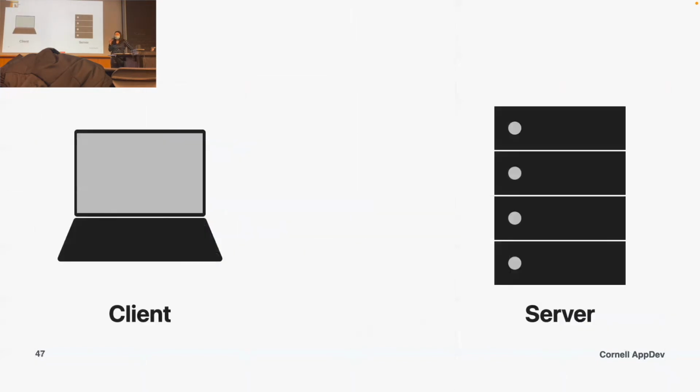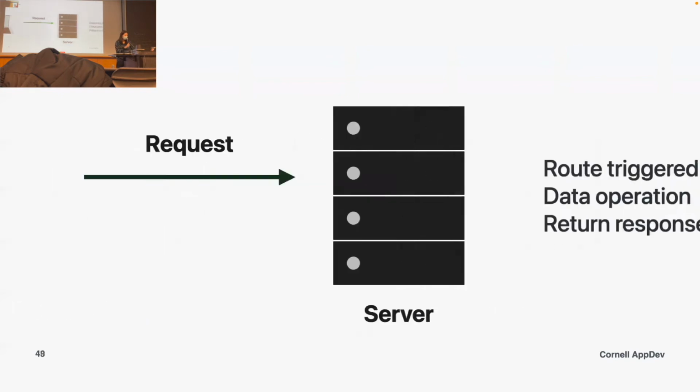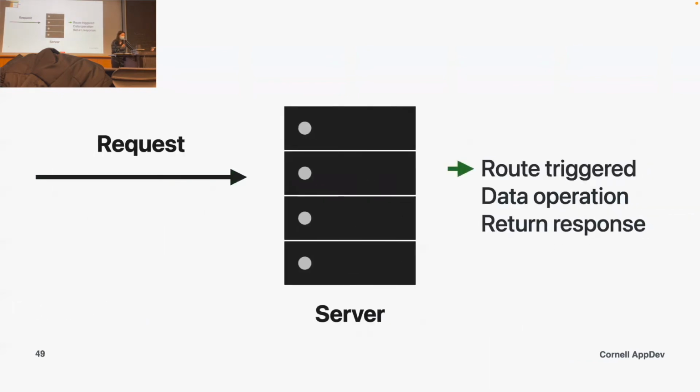This is a nice graphic putting this all together. In the first lecture, we talked about the client-server model, where you send a request and then you get a response back. Your client sends a request to the server, and then a route is triggered, and then you do a data operation.